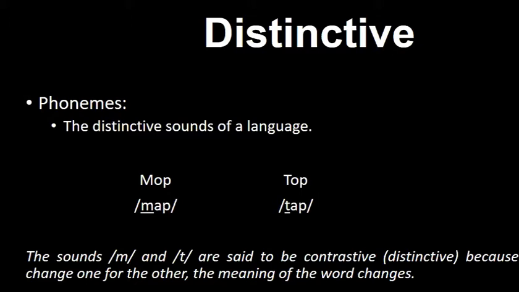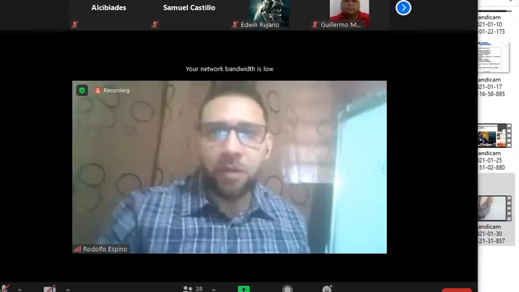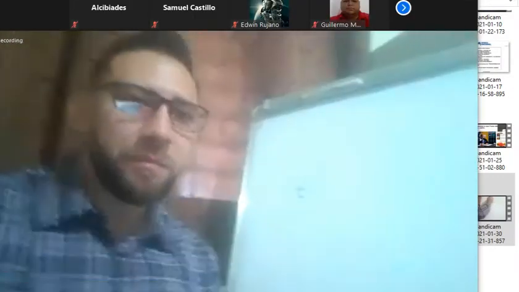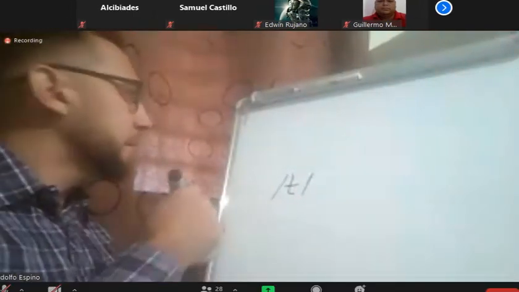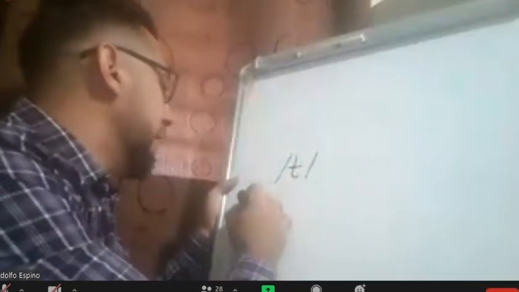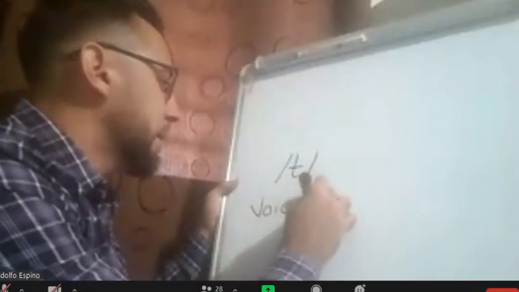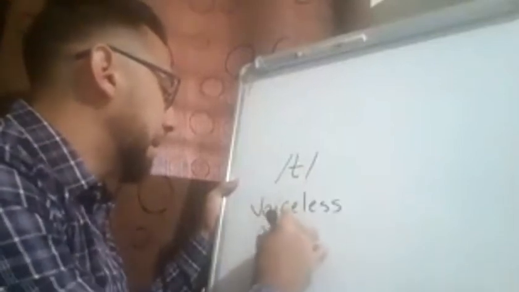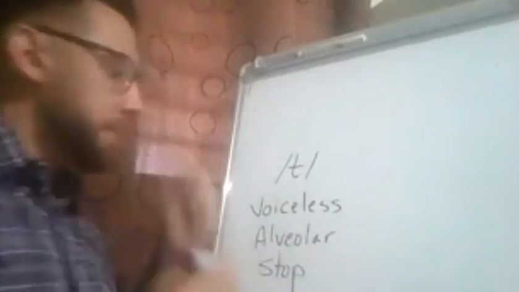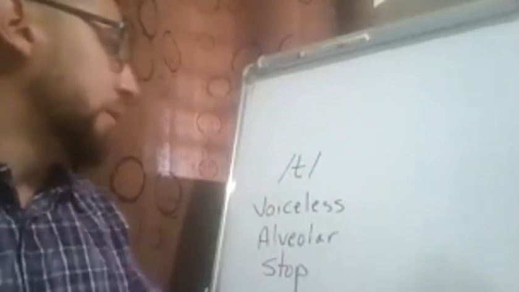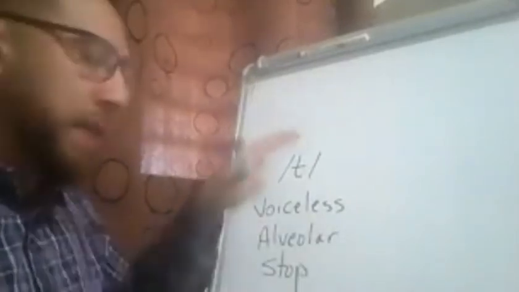It's simply a sound. If I write the sound T, let me clarify this. I'll go back to the presentation in a minute. So I have the sound T. T is a voiceless alveolar stop. This sound also has a minimal pair.